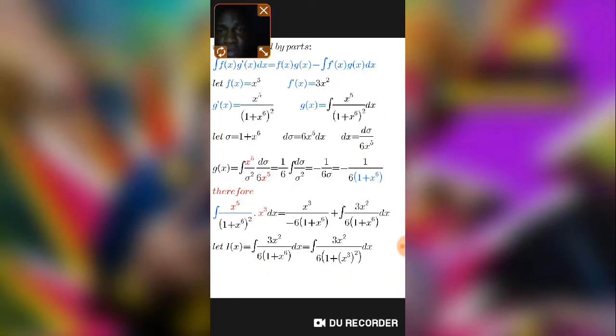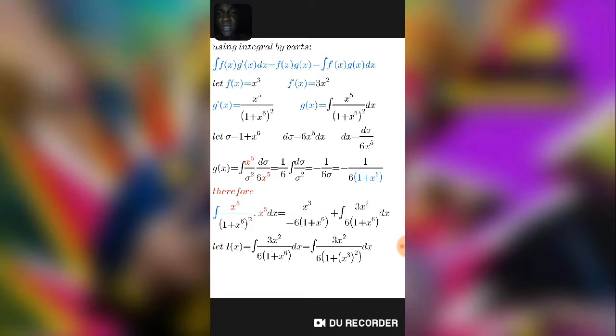So of course this is the formula for integration by parts: the integral of f(x) g'(x) dx equals f(x) g(x) minus the integral of f'(x) g(x) dx.